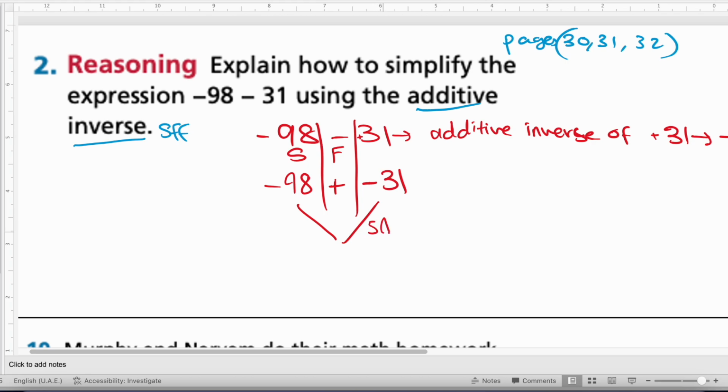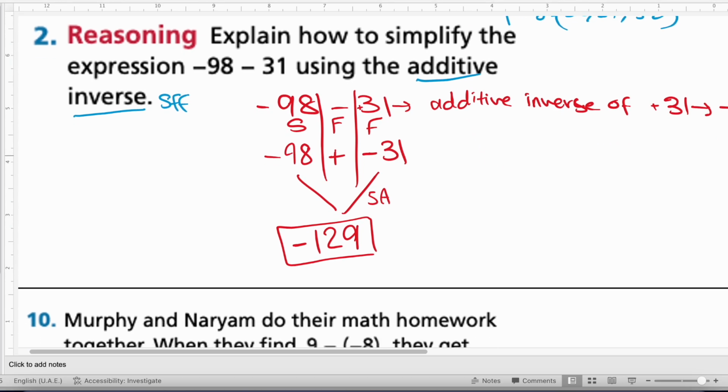Same sign, add them. 31 plus 98 is 129, negative. That's it. So where do we use the additive inverse? Whenever we have same flip-flip, we flip the second number into its additive inverse. That's it.